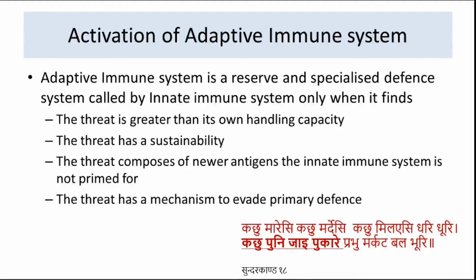Some cells which are also part of the innate immune system immediately rush to inform the adaptive immune system and to alert them that there is a pathogen which could not be handled by the innate immune system. So the next defense level has to be alerted or prepared to deal with this newer kind of pathogen.